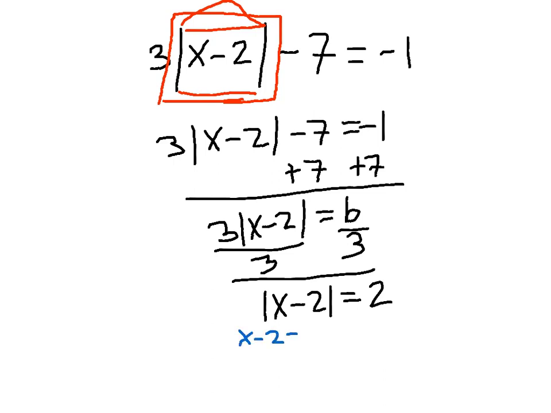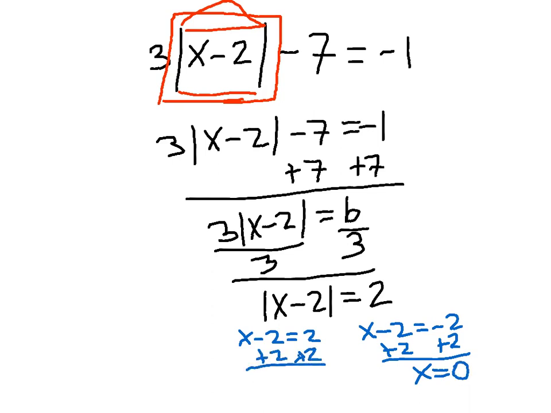If x minus 2 is 2 spaces away, that means it could be at 2, or x minus 2 could be at negative 2. When I solve this for x, I get x equal to 4, and over here, when I solve this for x, I get x equal to 0. So x equal to 4 and x equal to 0 are 2 solutions that satisfy my original equation.